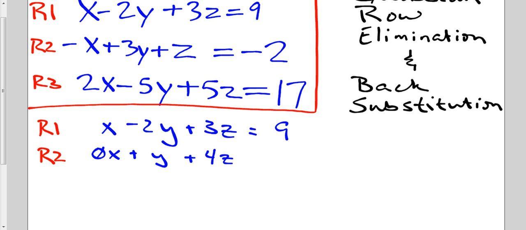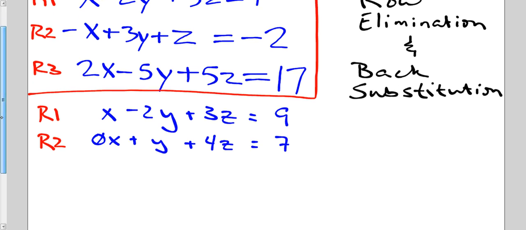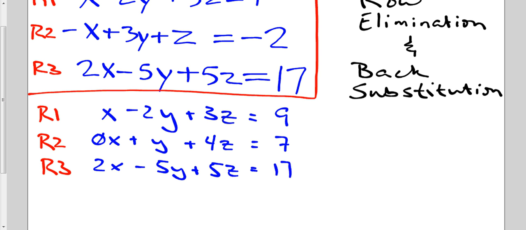And then 9 plus negative 2 gets me equals 7. Okay. And then I'm going to keep my row 3. Row 3 is 2x minus 5y plus 5z equals 17.